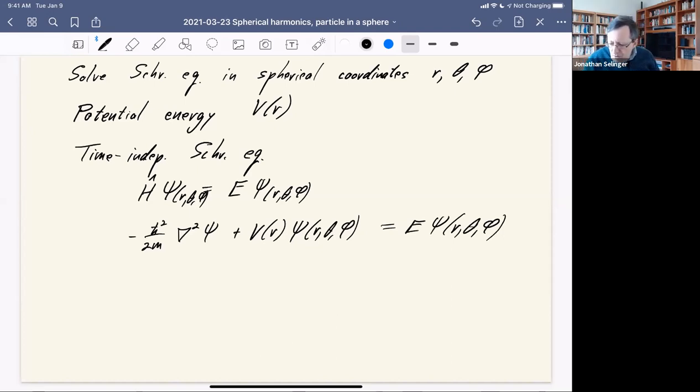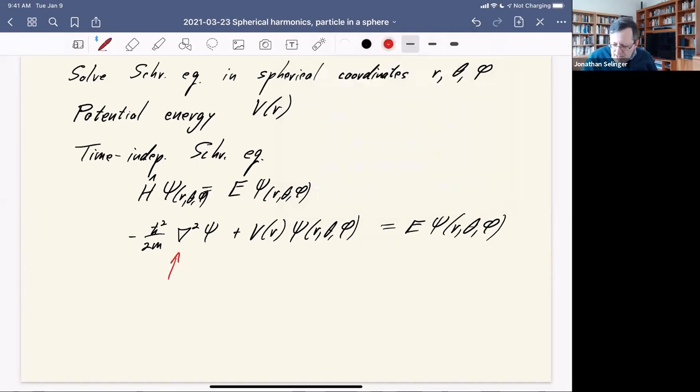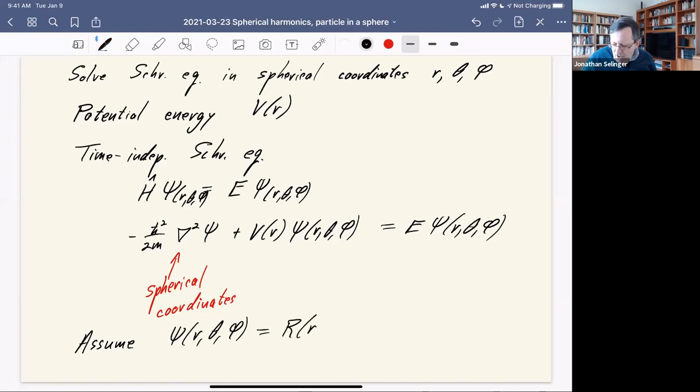Okay, so now, yesterday, we have this expression for the Laplacian in spherical coordinates. And it's kind of complicated, and I don't want to write it out again. Then we are assuming that psi breaks up into a function of r, which we call big R of little r, times a function of theta and phi.